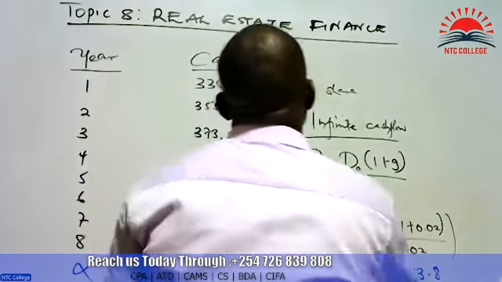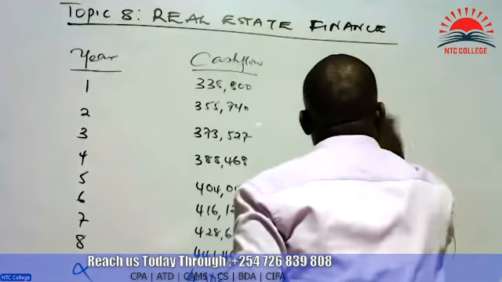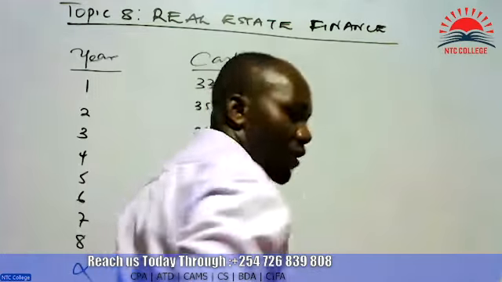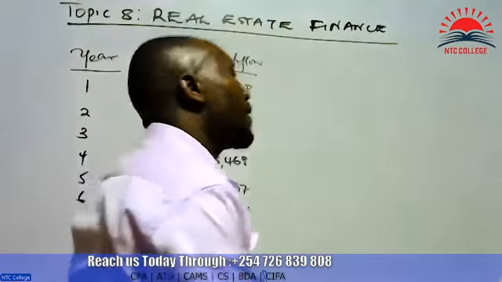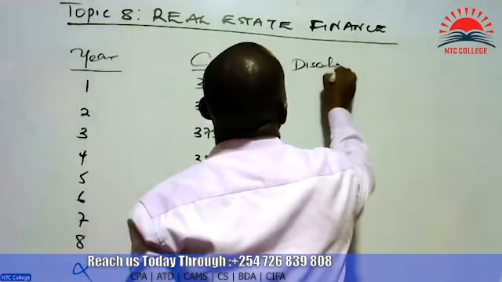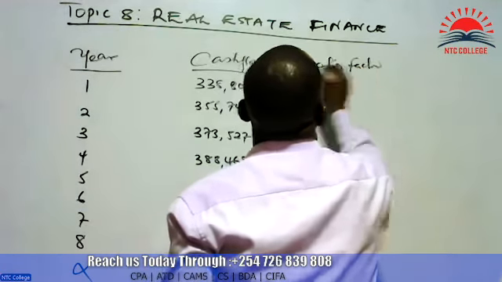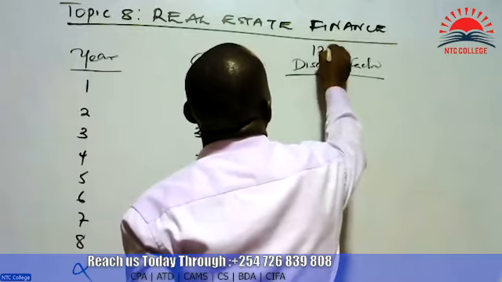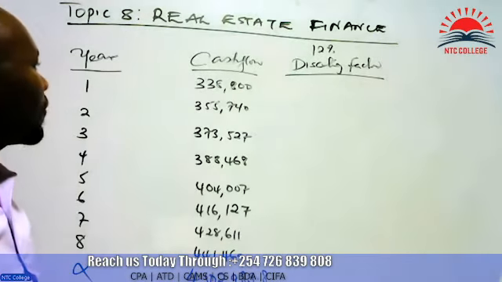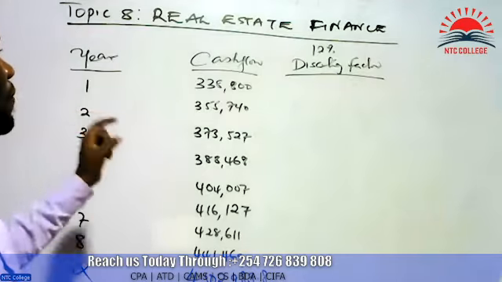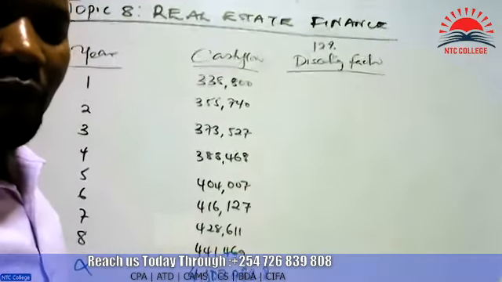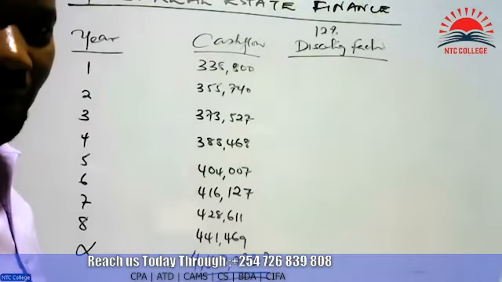After doing that, now you can discount, because you're told to get the present value. So get the discounting factor. We are given 12%. Discounting factor for 12%. What are we using here? Is it PVIFA or PVIF? We're using PVIF, right?